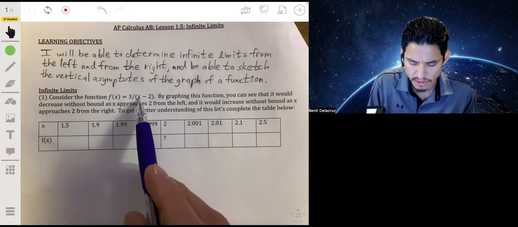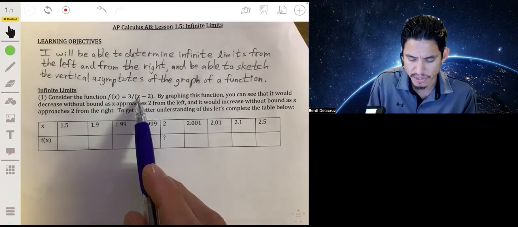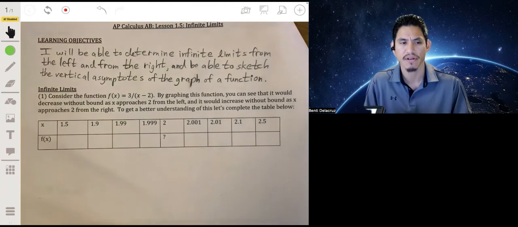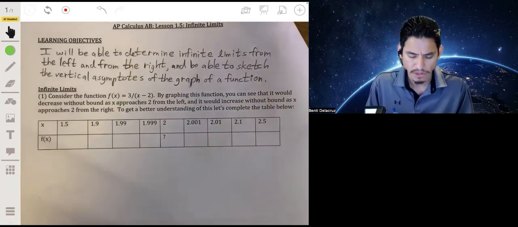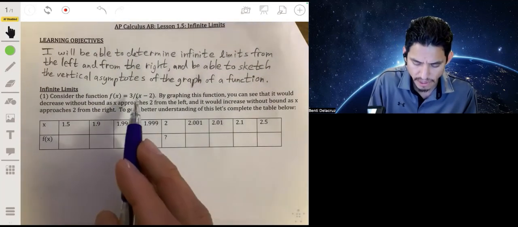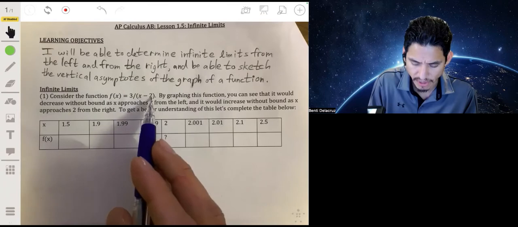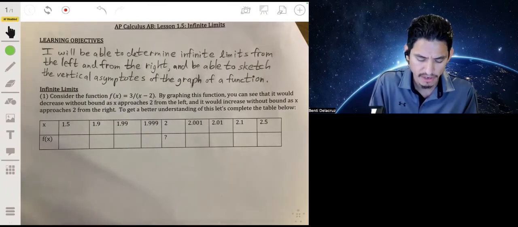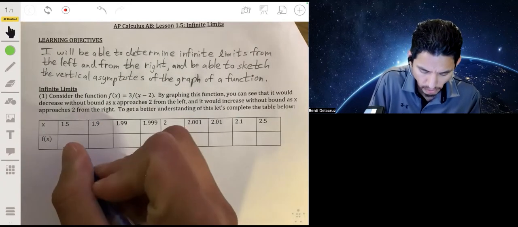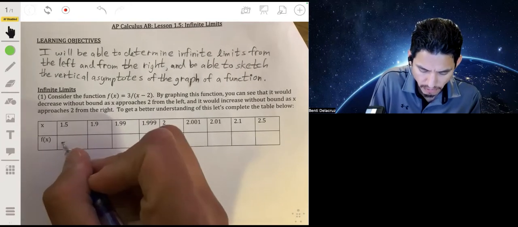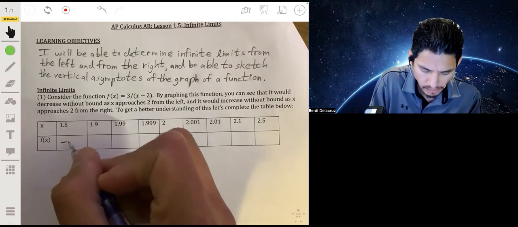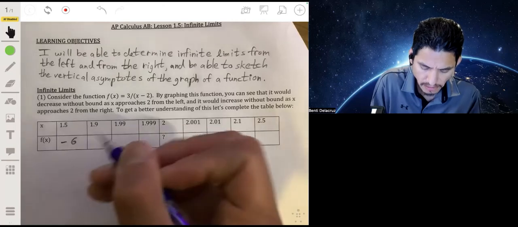Because if you plug just 2 directly into x, you would have 3 over 0, so you have an undefined value. So if we plugged in 1.5, you would have 3 over 1.5 minus 2, or 3 over negative 0.5, which would then give you negative 6.